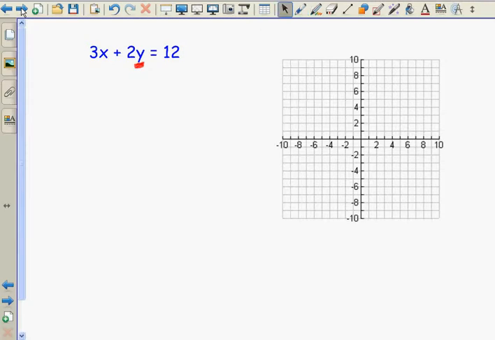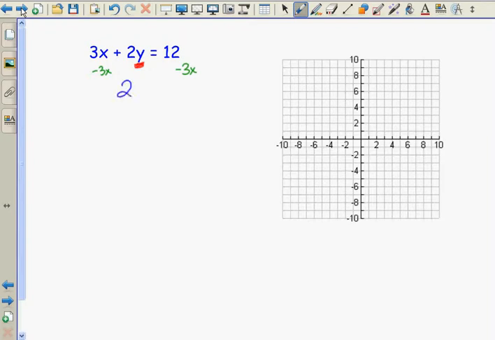So the first thing that needs to happen is the 3x needs to move to the other side of the equals. And if you remember, in order to do that, since it's positive, we will be subtracting it from both sides. When you come back to school tomorrow, if you don't want to show that -3x, you don't have to. You could just write the result if you would prefer.